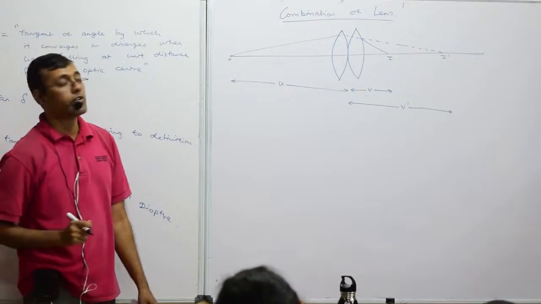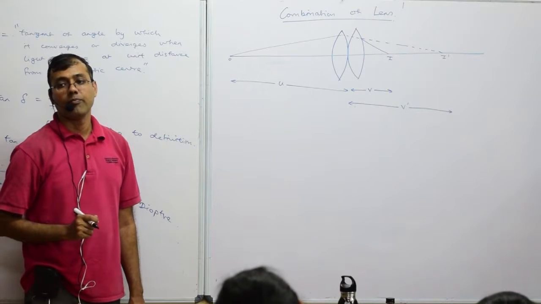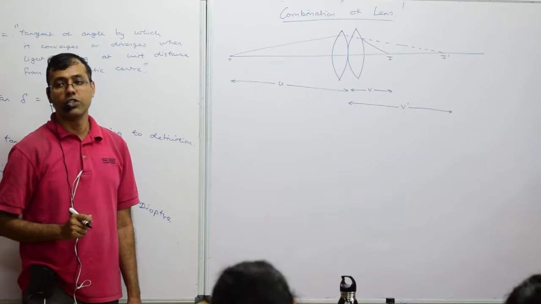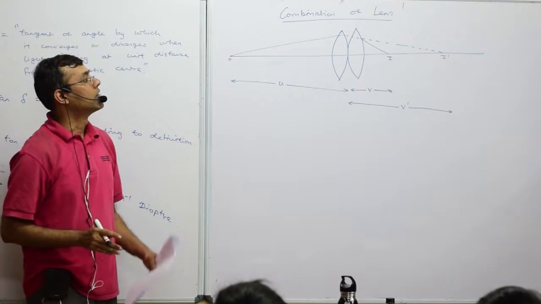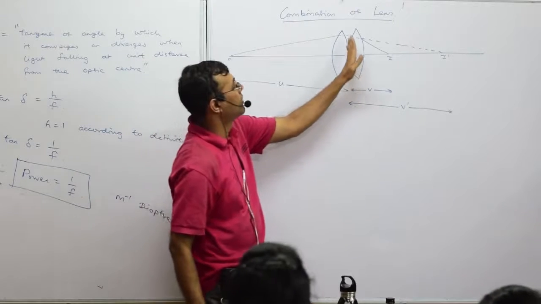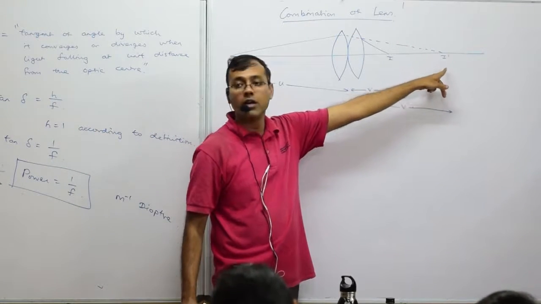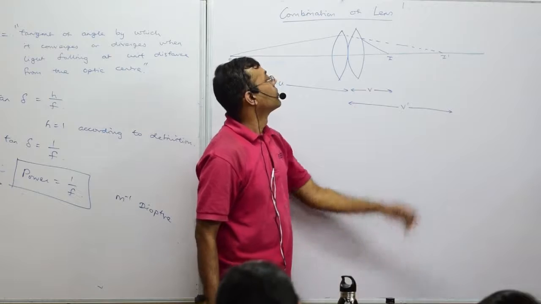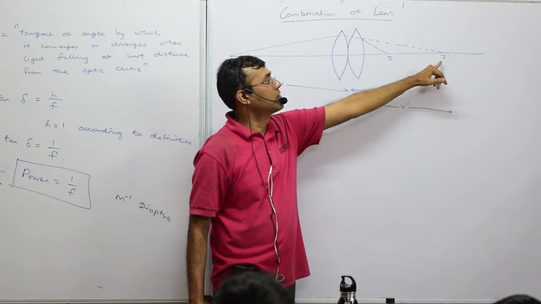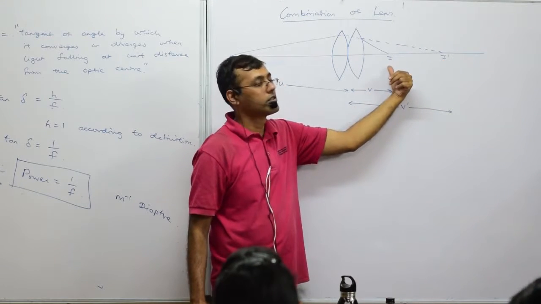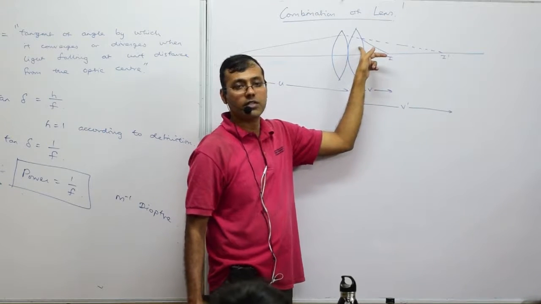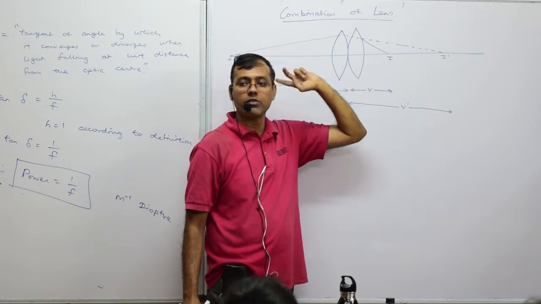So what is I dash, by the way? Virtual image, right? It's not really there, but if this lens was not there, the image would have formed there. So this is a virtual image, but this virtual image can be considered as a virtual object for the other lens. Have you used this principle somewhere else?